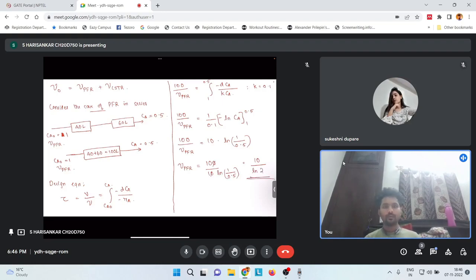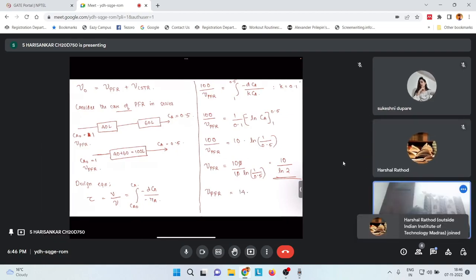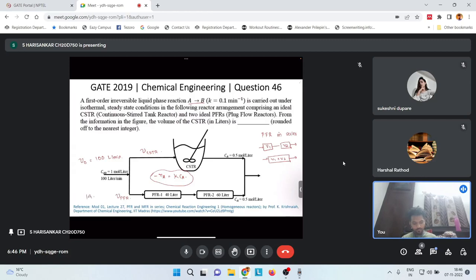So if we do the mathematical operation here, we'll get nu PFR as 14.43 liter per minute. So what this means is basically this nu PFR, 14.43, will be the value of the flow rate that is going to the series of the PFRs, right?